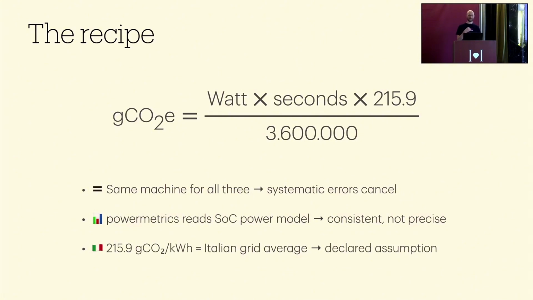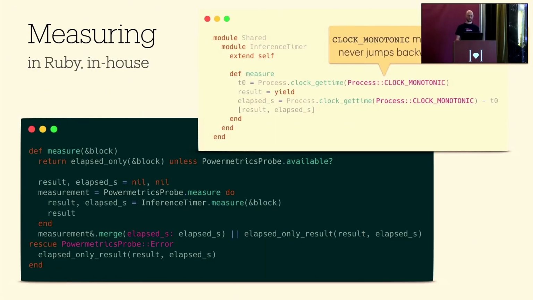The Italian grid average for 2025 is 215.9 grams per kilowatt hour, as declared by the Italian government. We cannot tell you the absolute cost of a query, but we can tell you which solution costs significantly more than the other.